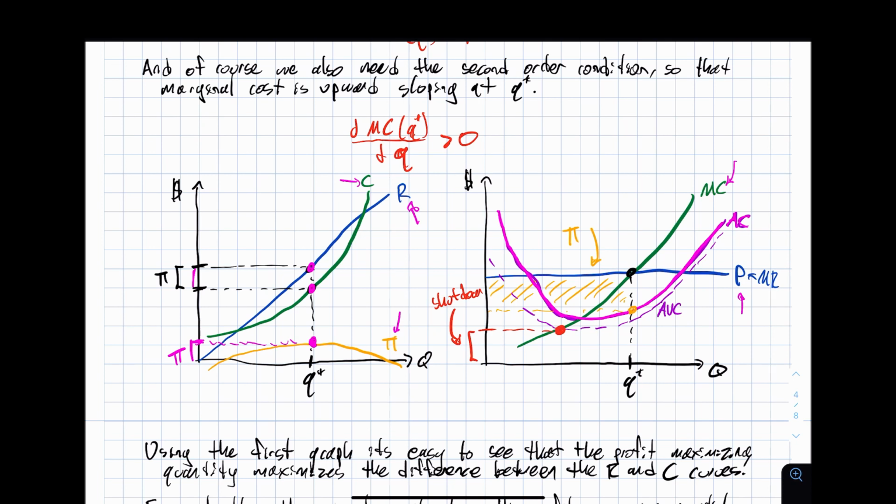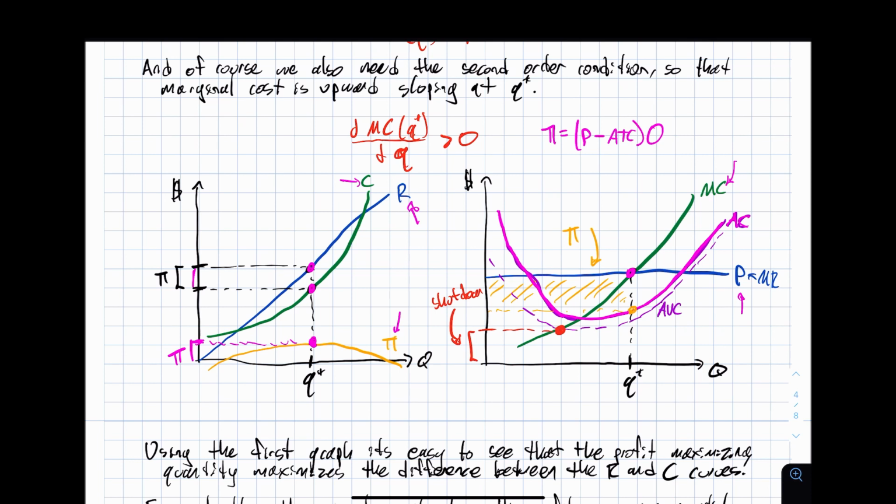And we choose our quantity where they intersect, right here. Then our profit equation is: profit is equal to price minus average total cost times quantity.